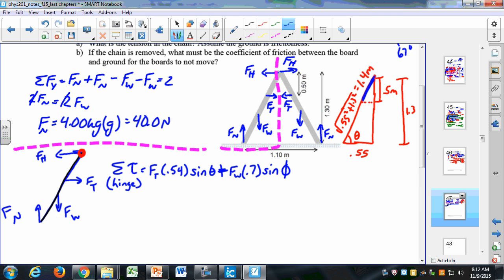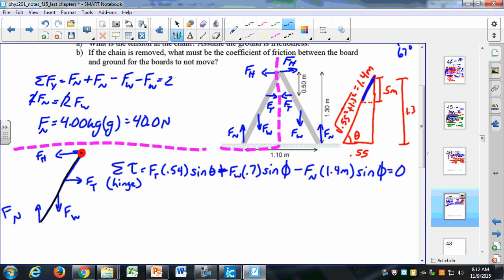It's a different angle from theta. I'll show you where it is as soon as I get it written here. Minus Fn times 1.4 sine of phi. That's all equal to 0.